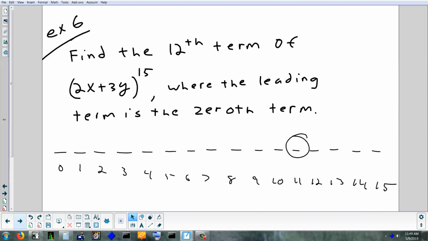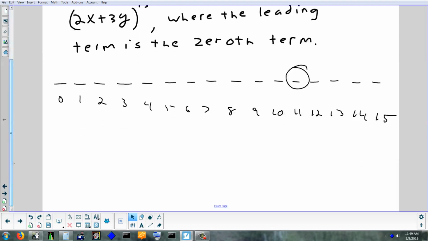Let me double check how they are doing that. Okay, yep. So basically, what they're looking for here is that they want to know, in the 15th row in Pascal's triangle, the number in the 12th column. That's how you're going to get your coefficient.